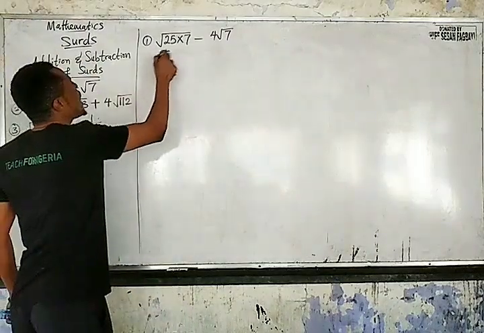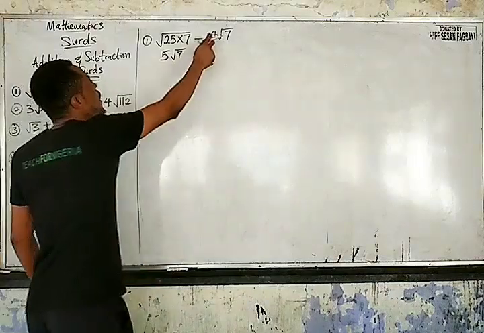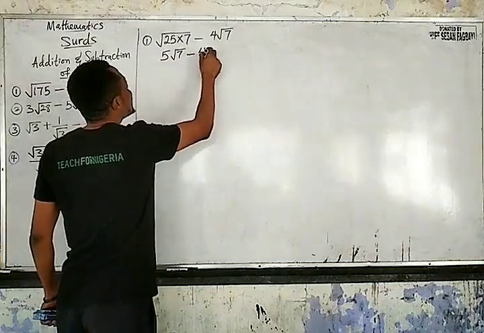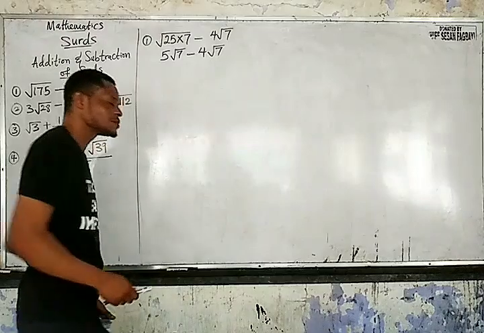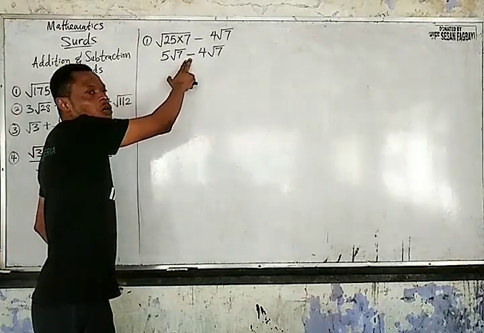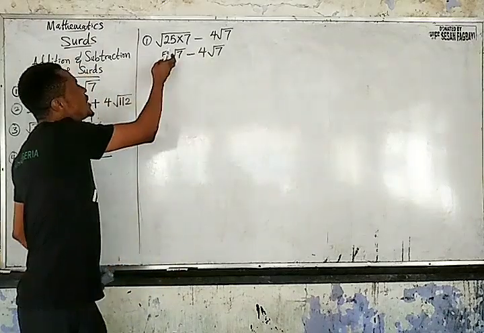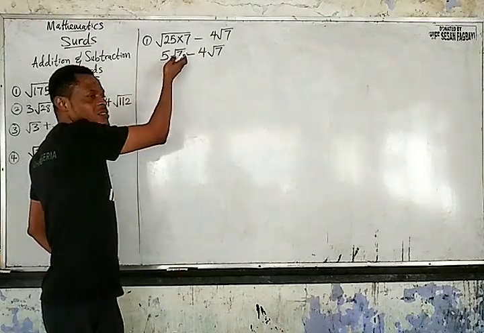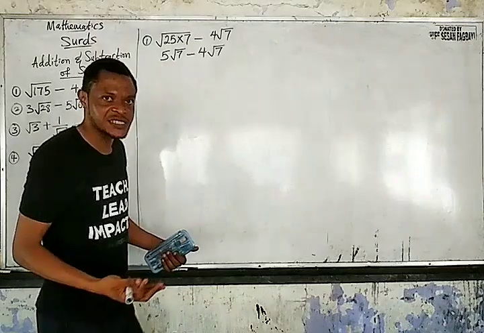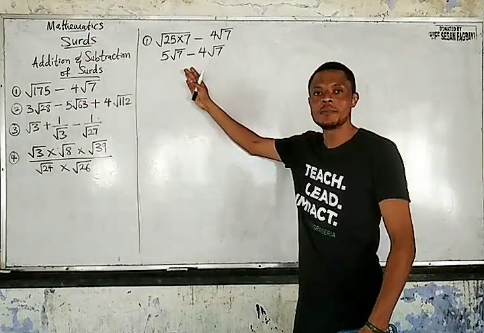We have 5 root 7. Then we have minus 4 root 7. This is not a multiplication or division sign. It's a subtraction sign. It's telling us that we have root 7 in 5 places. And we have to remove root 7 in 4 places.